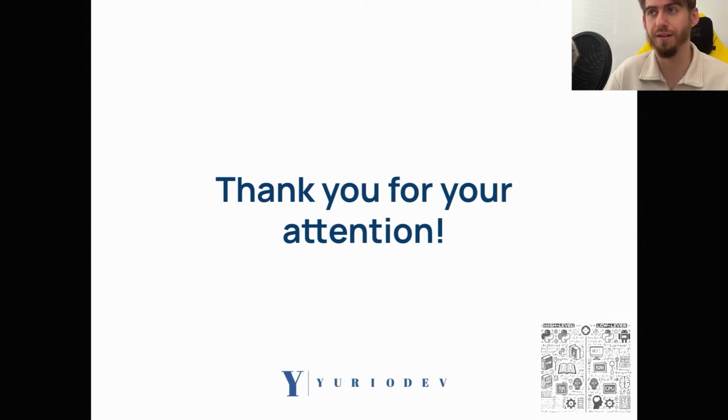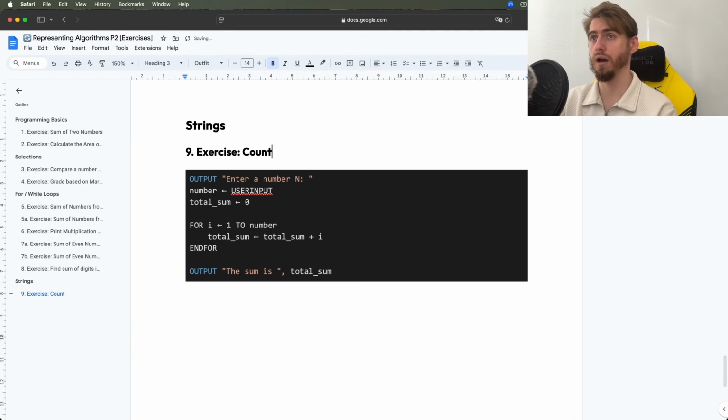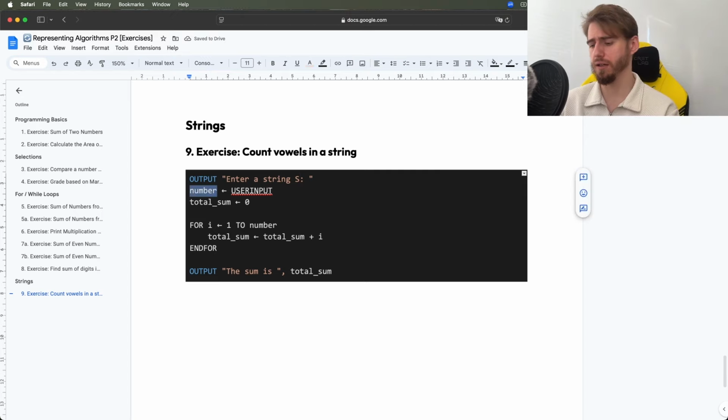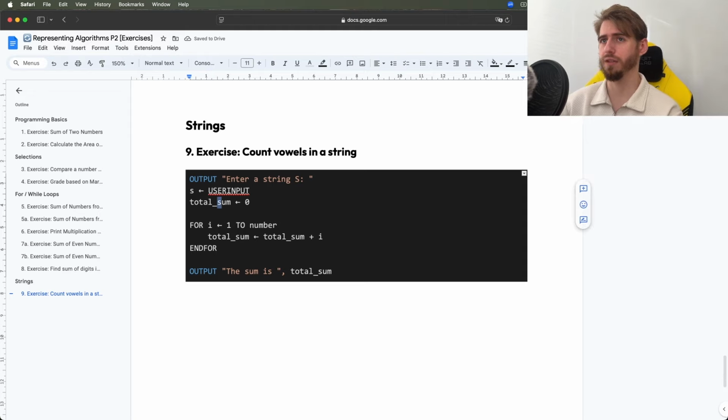So, first of all, we need to figure out what we call a vowel. Let's start with entering a string. Let's call it S, and let's call the total as well.